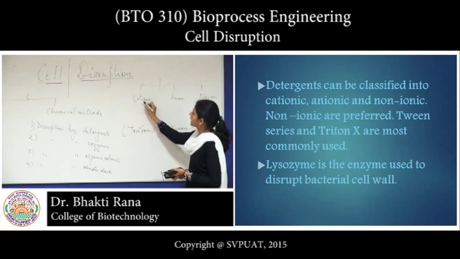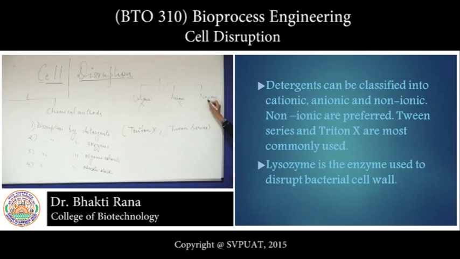We are not going to use cationic or anionic, but we will use non-ionic because it is not going to affect the cell environment and will not damage the proteins.